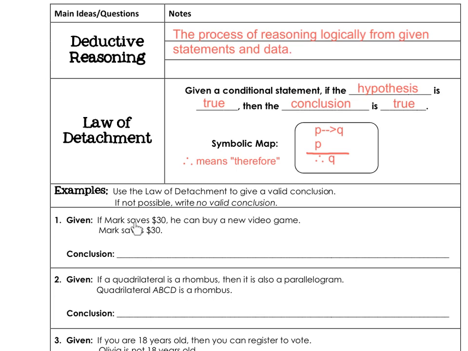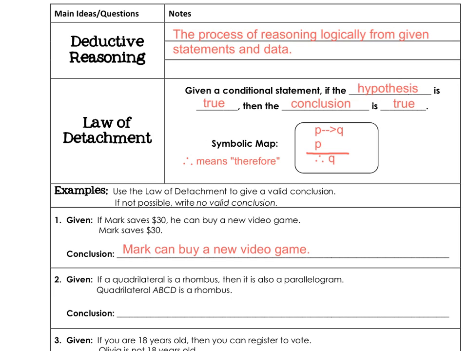And so we've been given that, so that's our P implies Q. Our next piece of given information or given data or statements is that Mark saves $30. Well, comparing that to the hypothesis, we see that the hypothesis actually is true. It's holding at this moment. Mark saves $30. Therefore, we can conclude he can buy a new video game.